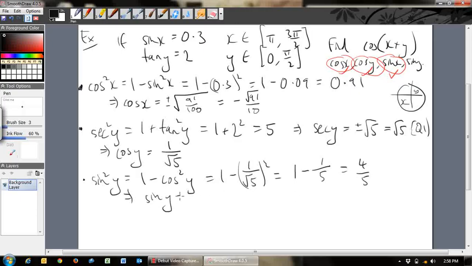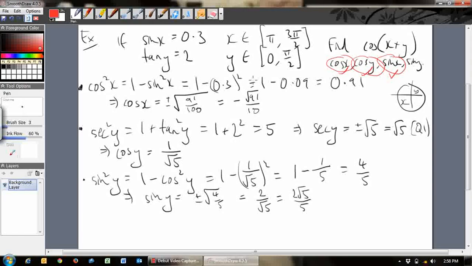Therefore, sine y is equal to plus or minus the square root of 4 on 5. Haven't made a mistake, we're all good. Now, y was in the first quadrant, so sine y is going to be positive, and so our number is 2 over root 5, which is 2 root 5 over 5 to simplify that.